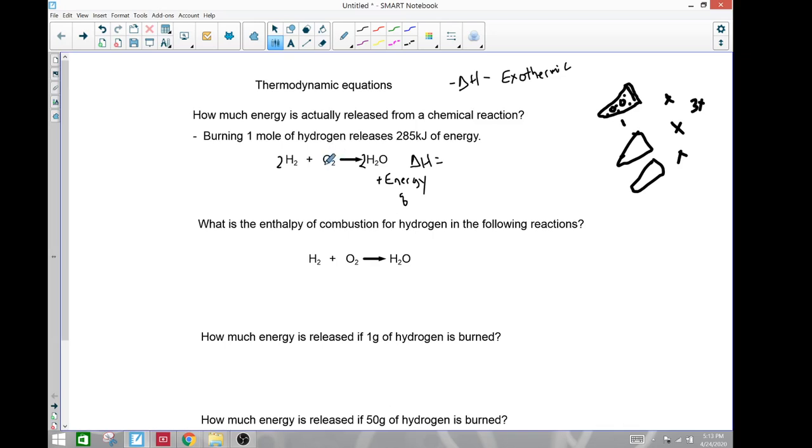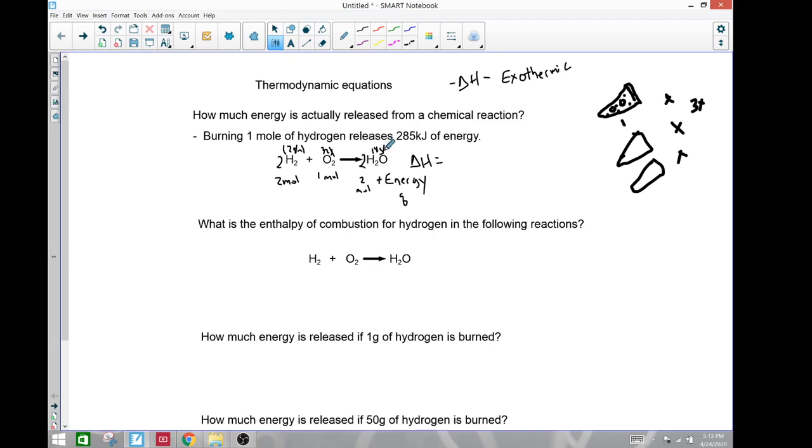More specifically, it means 2 moles of this, 1 mole of this, and 2 moles of this. So if you look at the molar mass, the molar mass of hydrogen is 2 grams per mole, this one is 32 grams per mole, and this is 18 grams per mole.